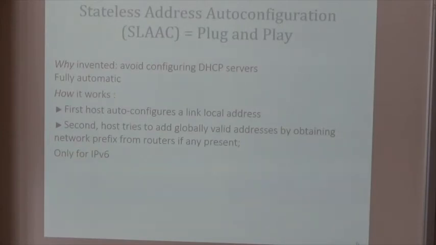There is a whole range of intermediate things, and one that is very often used is called SLAAC, stateless address auto-configuration. Well, the idea seems like a good idea, but as we'll see, it's a bit complicated. The idea is that hosts should be able to discover their address automatically. And the idea is very simple.